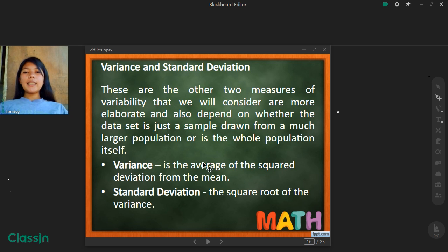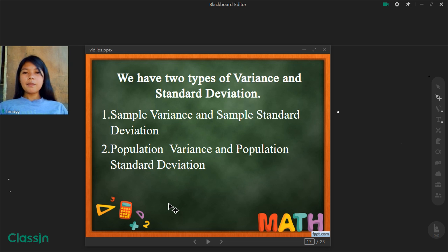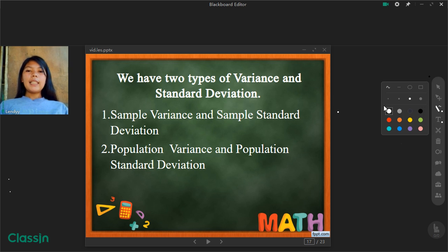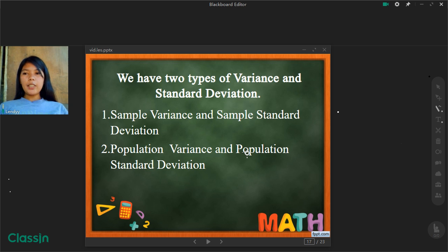So variance is the average of the squared deviation from the mean. And the standard deviation is just the square root of the variance. We have two types of variance and standard deviation. We have the sample variance and sample standard deviation, and the population variance and population standard deviation.